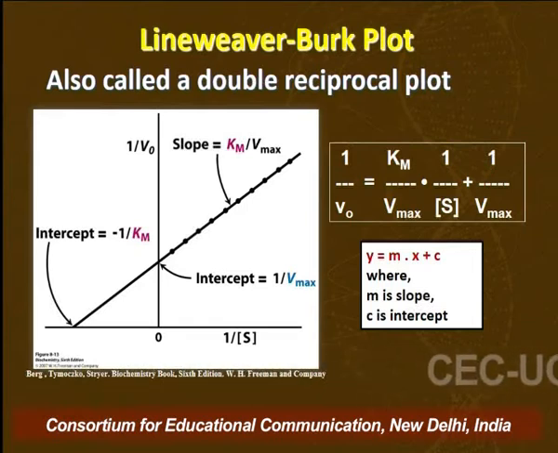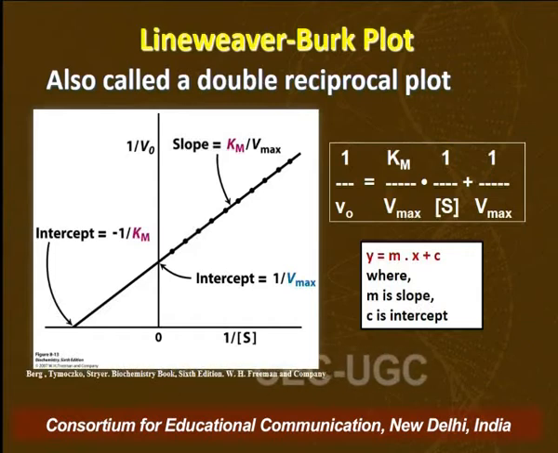By this understanding we can find the maximum velocity, because in the previous Michaelis-Menten plot we were unable to calculate the exact maximum velocity, but in the Lineweaver-Burk plot we can easily calculate the maximum velocity to a precision.